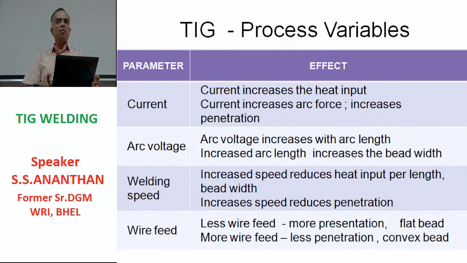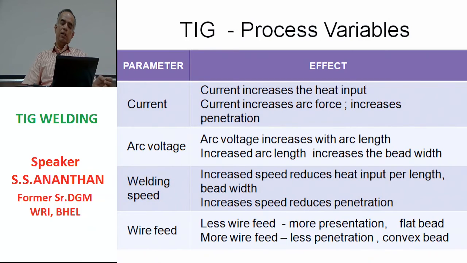Now, what is the real effect of the various parameters used in TIG welding? Current is obviously the most important parameter. Remember, the power supplied to the system is basically arc voltage times arc current. So current plays a very major role in the amount of heat input that goes into the weld pool. In addition, current also contributes to the arc force, which enables proper penetration and proper heat conduction in the base metal.